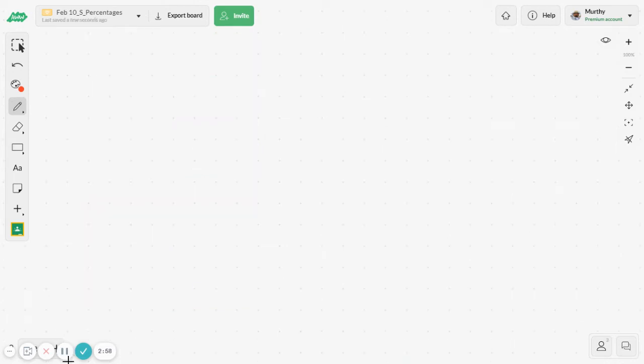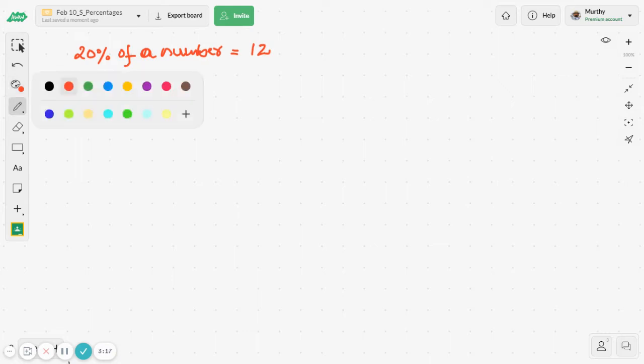An example is, let's say that 20% of a number equals 12. Here I don't want you to guess. 20% means 1/5, of what number could be 12.